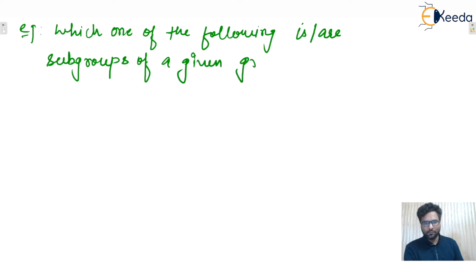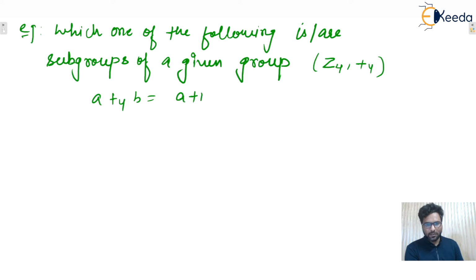The given group is Z4, that is, Z on addition modulo 4. Addition modulo 4 means that A addition modulo 4 with B is A plus B mod 4. Yes or no? So that is addition modulo 4.